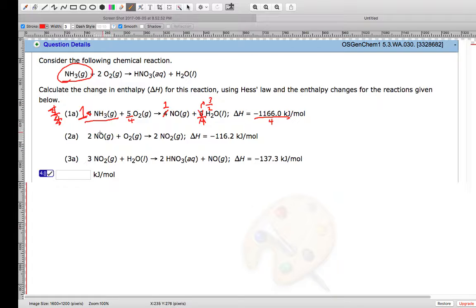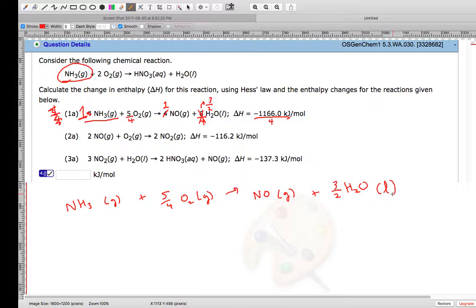All right, now I'm going to write that down. I'm going to write NH3, a gas, plus 5/4 O2, a gas, makes NO, a gas, plus 3/2 H2O, a liquid.